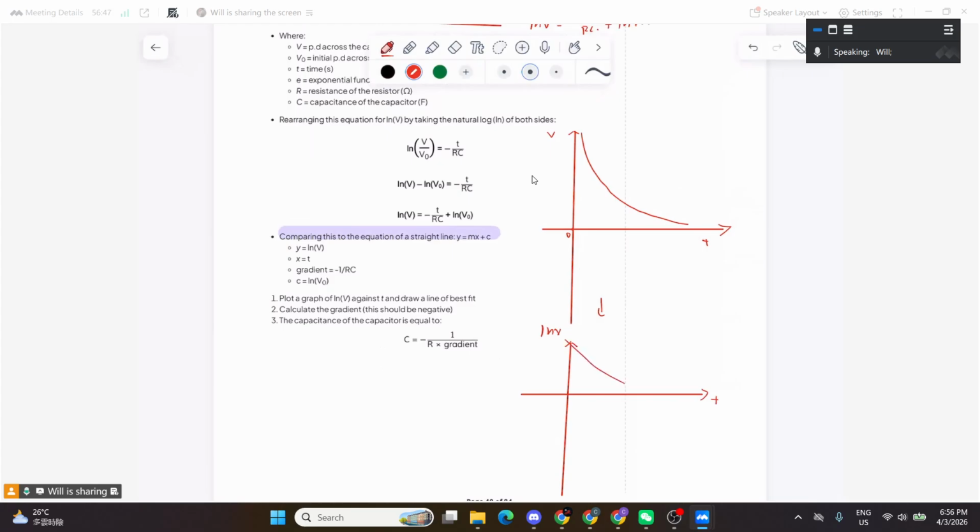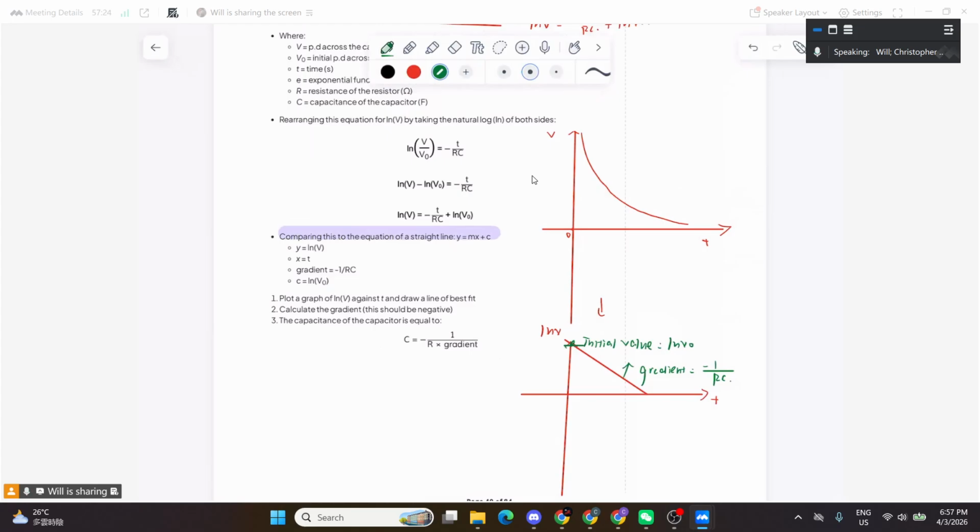Here is the linear line. The y-intercept is the initial value, and the gradient equals -1 over RC. Understand that? No problem.